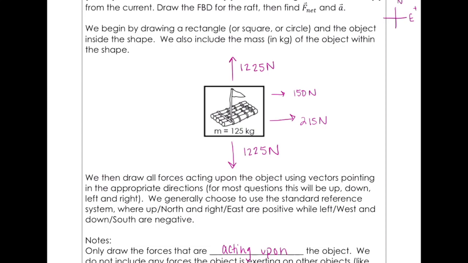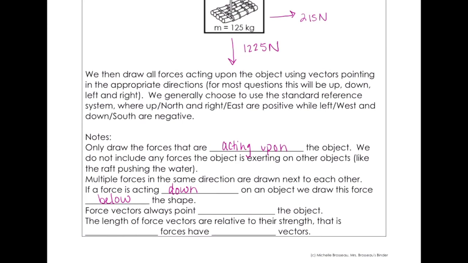We are not going to have an arrow pointing towards the object. The arrows are always pointing away. Force vectors will always point away from the object. The length of force vectors is related to their strength, that is, a larger force will have a longer vector.